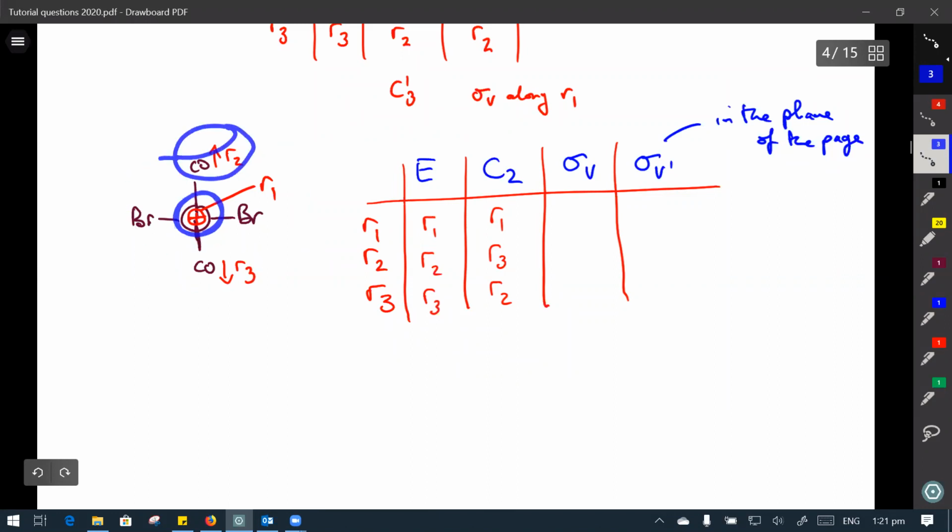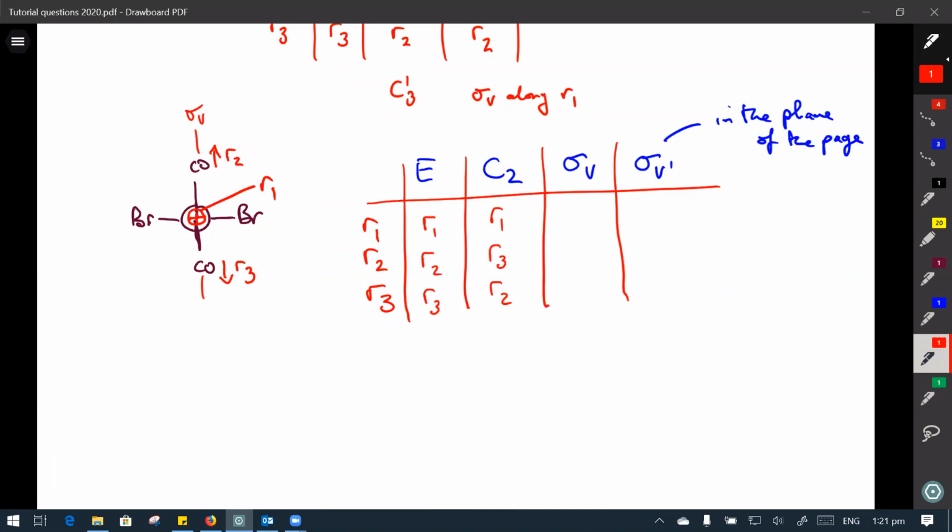He hasn't changed. Then for the sigma V, we've got two sigma V's. The one that we're calling sigma V is this one here, right? And so R1 is going to be reversed. So R1 actually maps to nowhere, so you just put X, it maps to a bromine. Don't need to worry too much about it. And then R2 stays where it is, and R3 stays where it is.